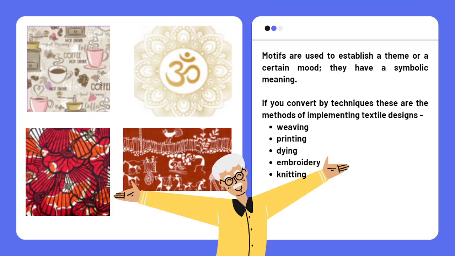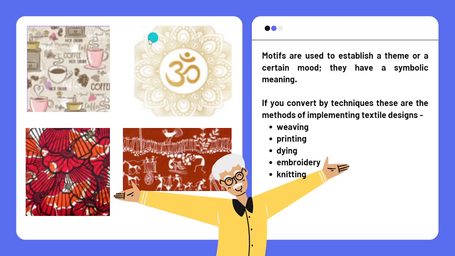On the right hand side, you can see a very classical looking motif, and it has a symbol in the middle of it, and this motif is in radial symmetry. I'll explain what radial symmetry is and the different kinds of balance that you can create in a motif in the upcoming lessons.